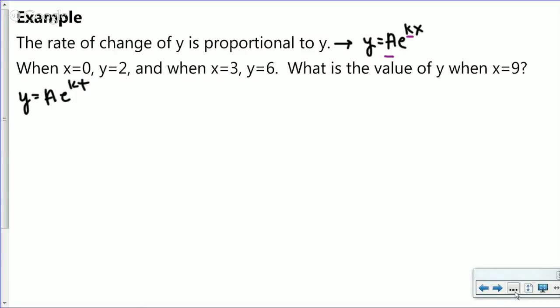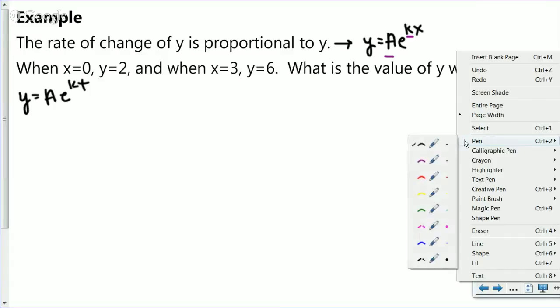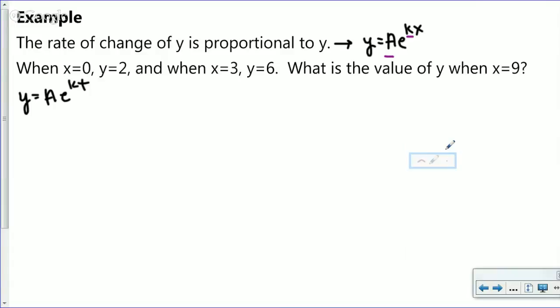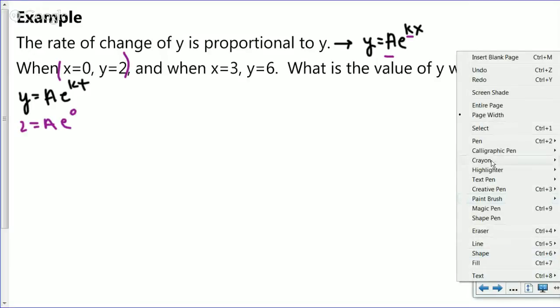All right, so I'm going to start with y is equal to a times e to the kt. And let's go ahead and plug in this first piece of information here. So when x is 0, y is 2. So 2 equals a e to the k times 0, right?